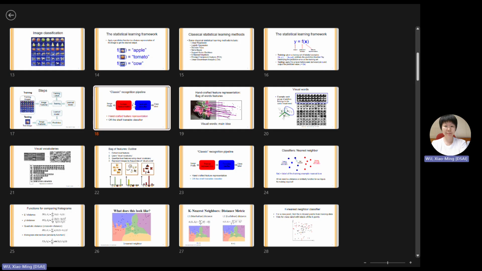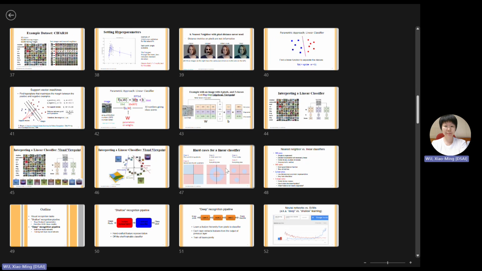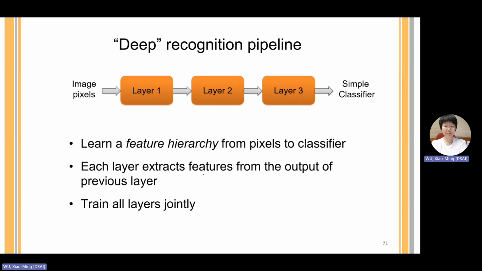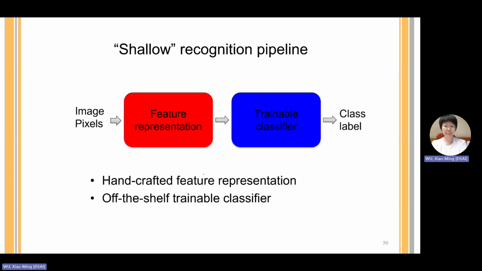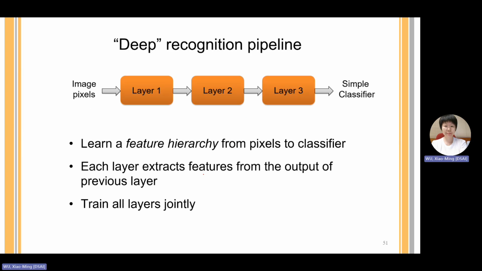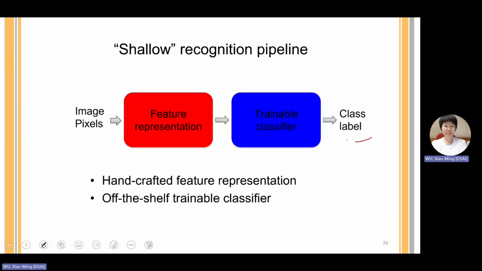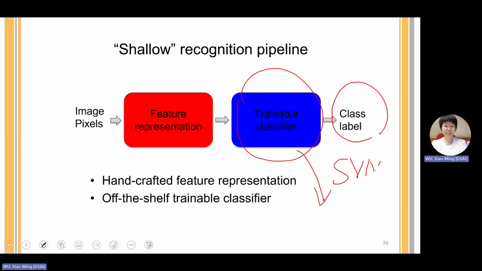Comparing the classical recognition pipeline with the deep recognition pipeline, what can you observe? As we mentioned, for the classic pipeline, the trainable classifiers like SVM and decision tree are simple classifiers.